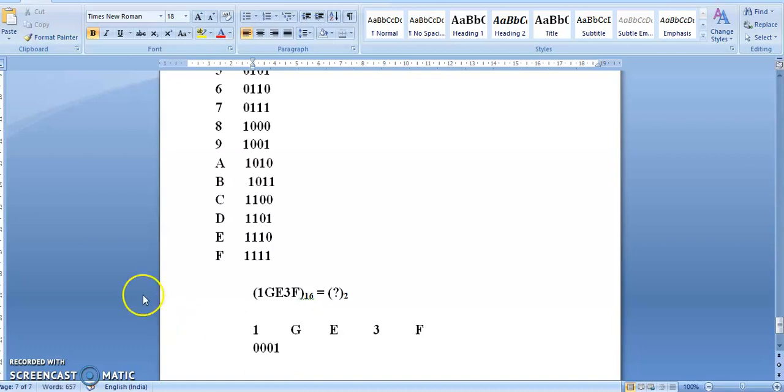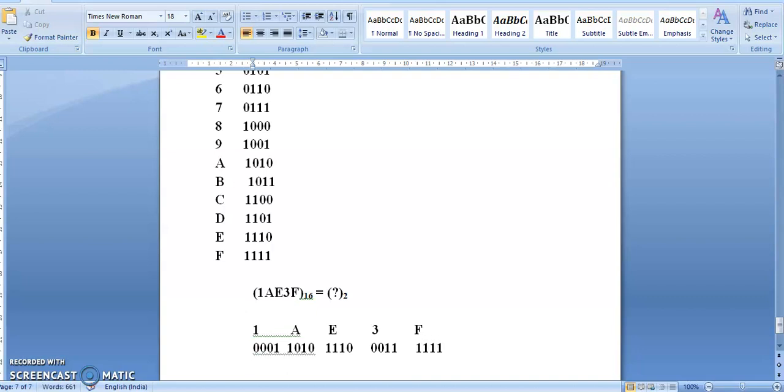Sorry, G is not there, up to F only, not G. So A means 1010. E means 1110. And 3 means 0011. F means 1111.